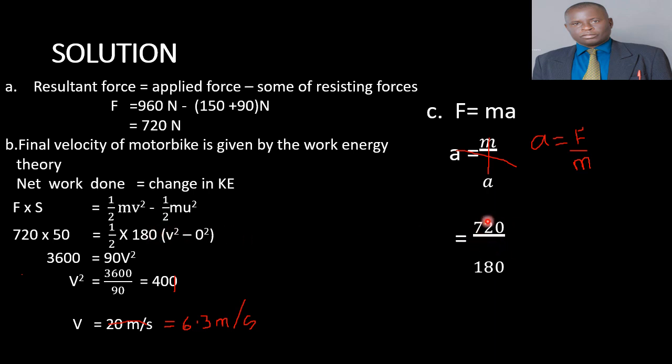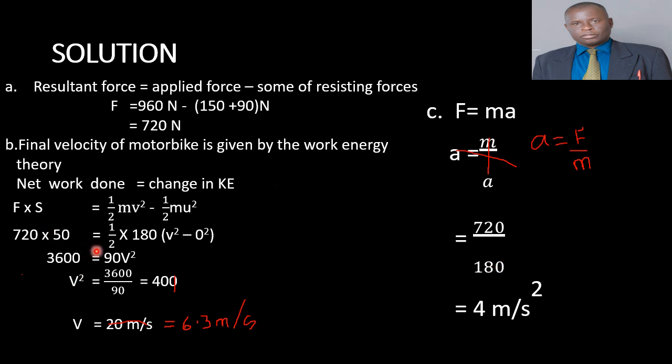So all we have to do is divide 720 by 180. Check the calculator. It will give you 4 meters per second square. Okay, so that's what you do.